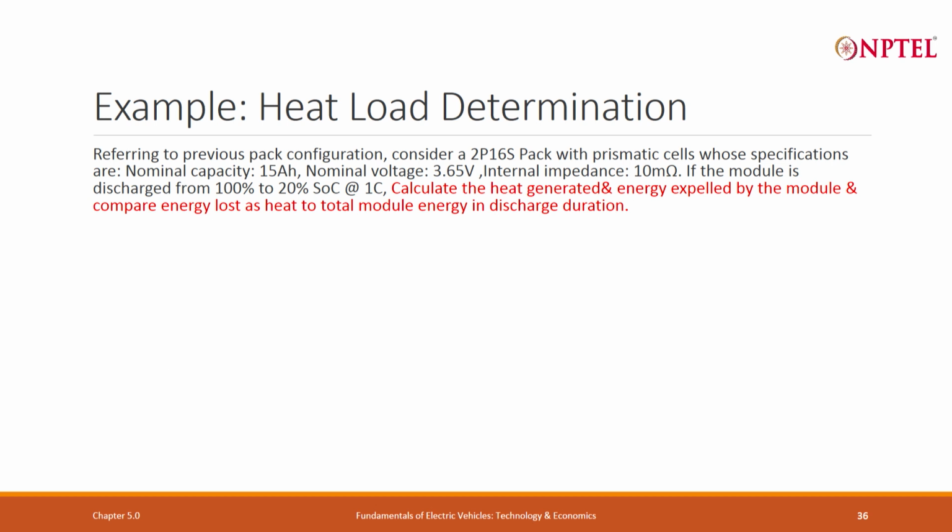Then we have started an example problem how to estimate the heat generation or heat loss or heat load. These all are similar terminologies. So, what there we have done, that we have considered the same pack what we have developed during the mechanical design, 2P16S with the cell capacity of 15 Ah.